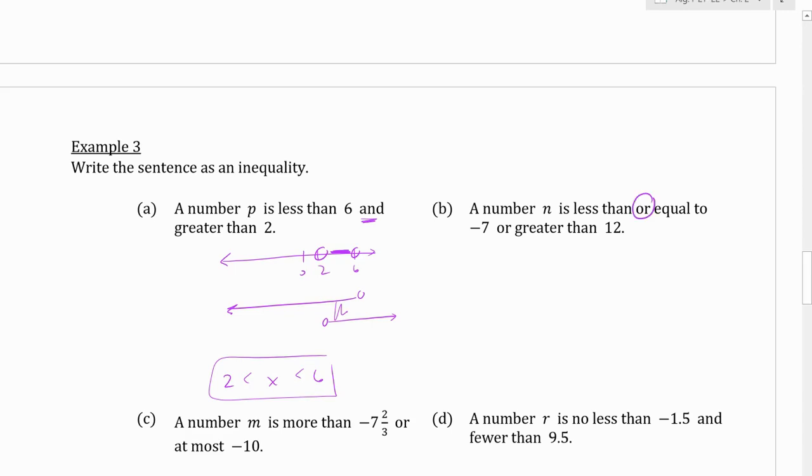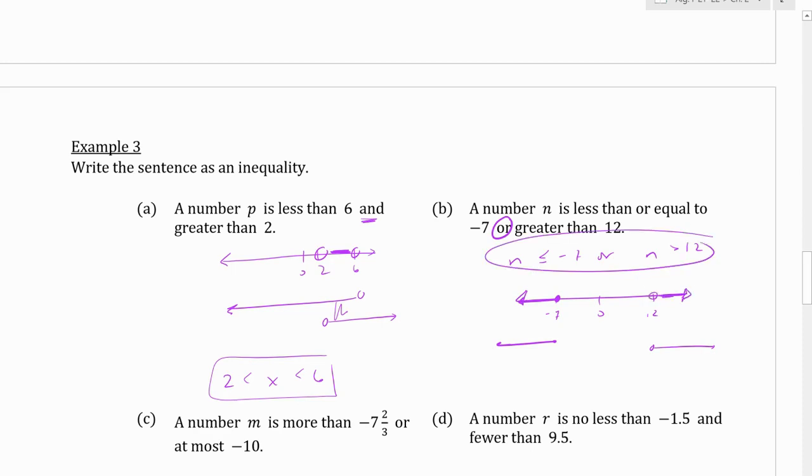Okay, so number n is less than or equal to negative 7, or it's greater than 12. So negative 7, 12, there. We're just talking about those numbers. So that's the best way I can put it.